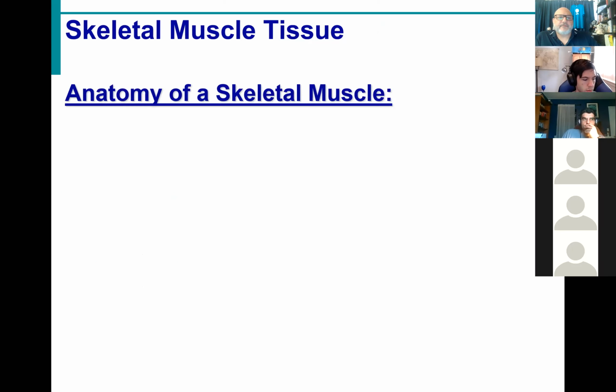All right. So our goal for this next section, like I said, is to focus on skeletal muscle tissue. Because ultimately we want to get to the skeletal muscle system and those 600 named muscles of our body.